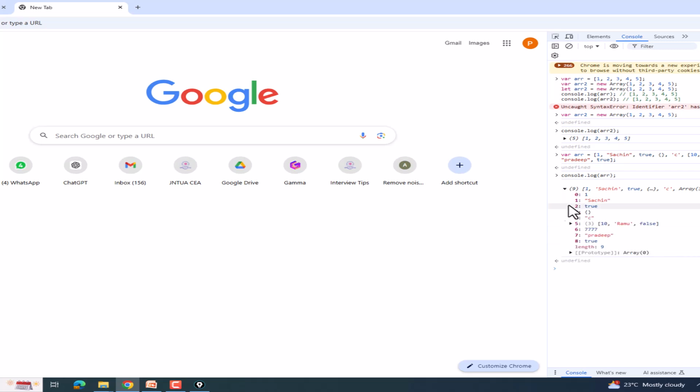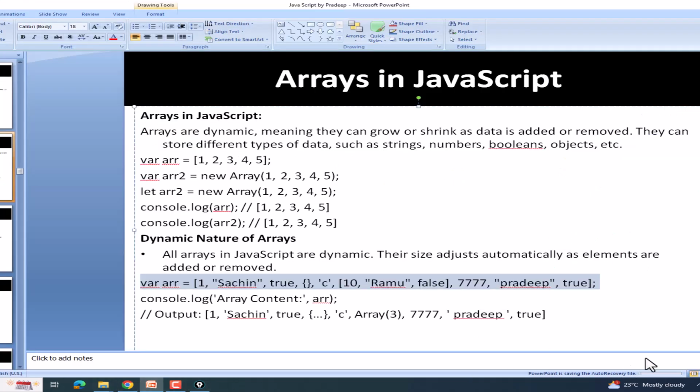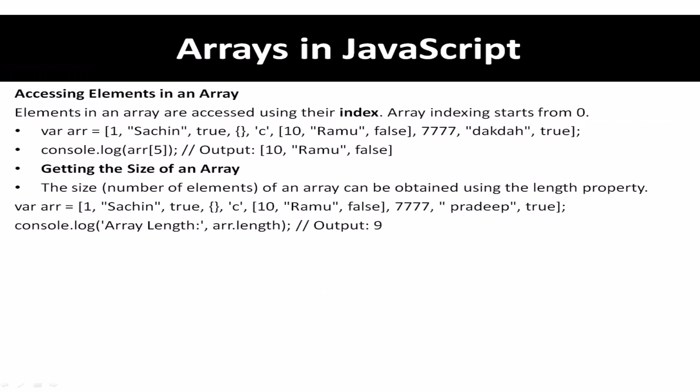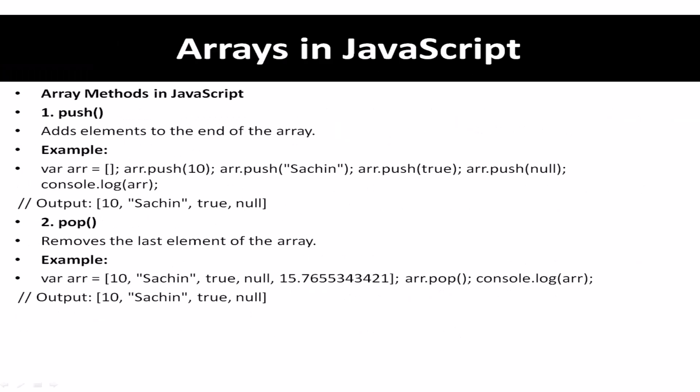If you expand it, it is going to show each and every element inside the array: the first element stored, second element, third element, fourth element, and so on. So it is going to show all the elements inside the array.